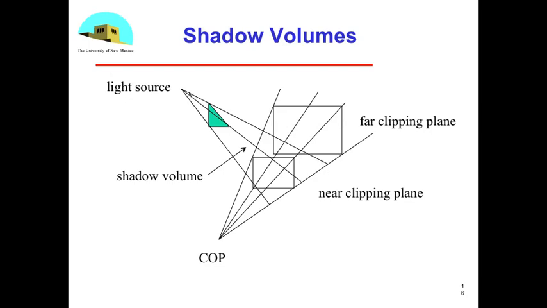But if I now look at the intersection from this diagram, what is this doing? This is sort of an infinite pyramid going out from the light source, determined by the shape of this polygon, and everything behind it is in shadow.